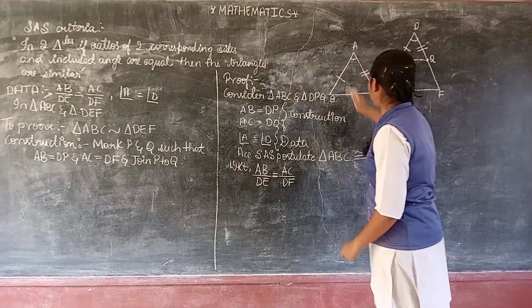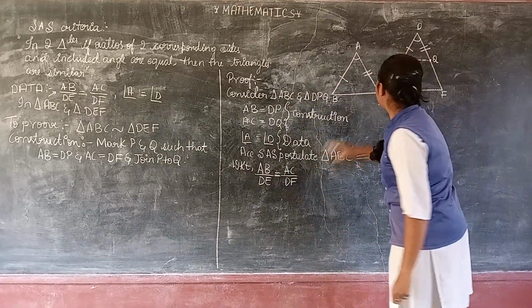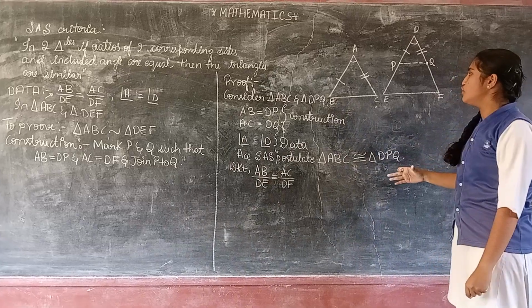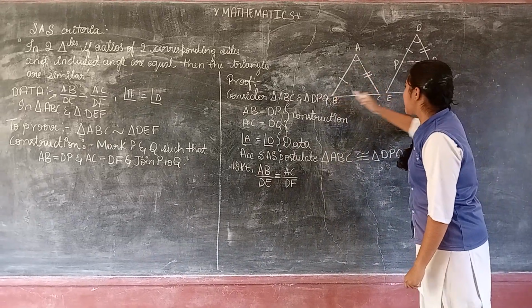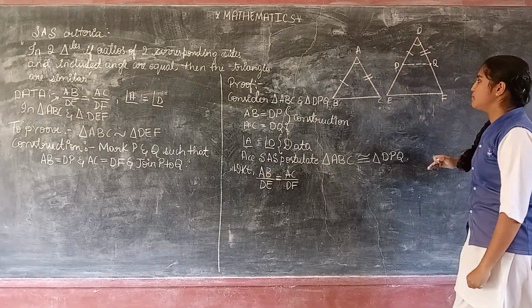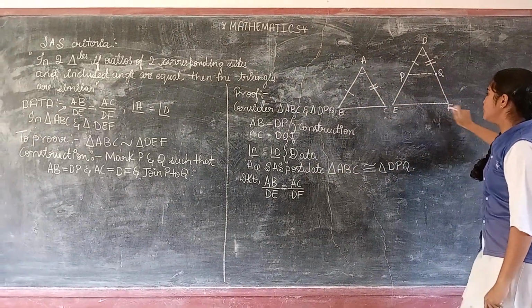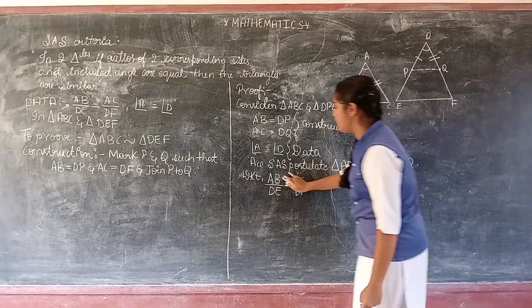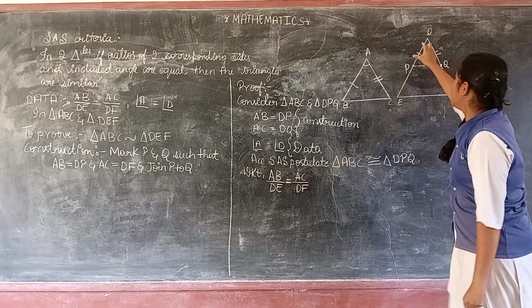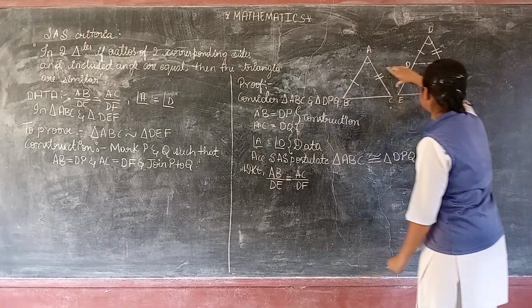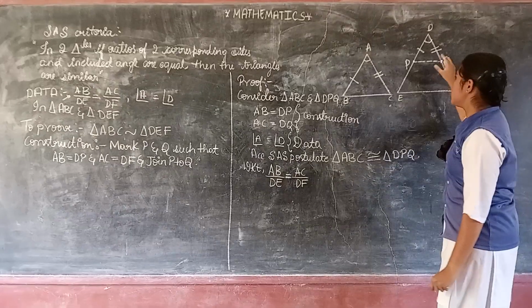Now if we write AB by DE is equal to AC by DF, we have no use, because we have proved that triangle ABC is congruent to DPQ and we have not proved that triangle ABC is congruent to DEF. So in place of AB we can write DP and in place of AC we can write DQ, because of construction.